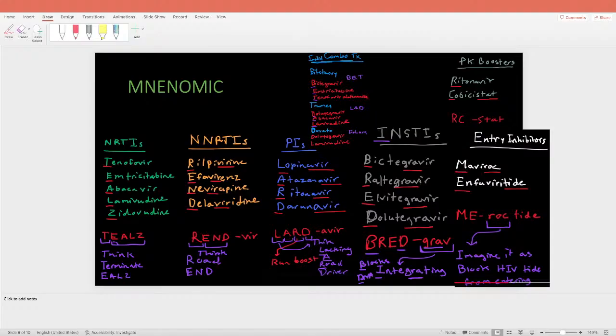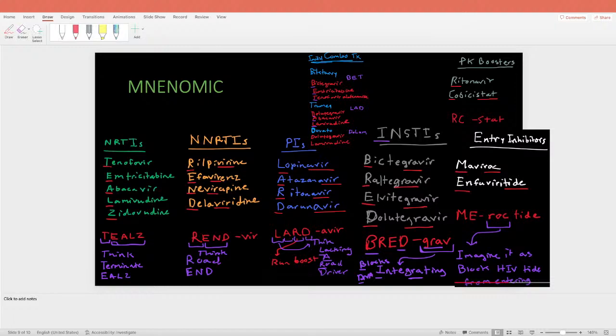I want you to see if you can remember, without cheating or looking at the diagram, what classes Biktarvy is made up of. What classes of HIV medications do you think make up this combo?